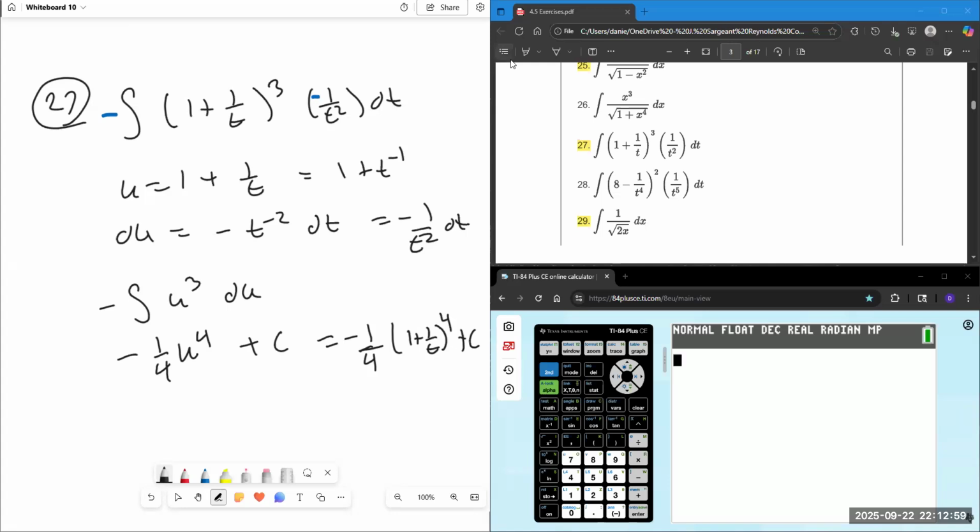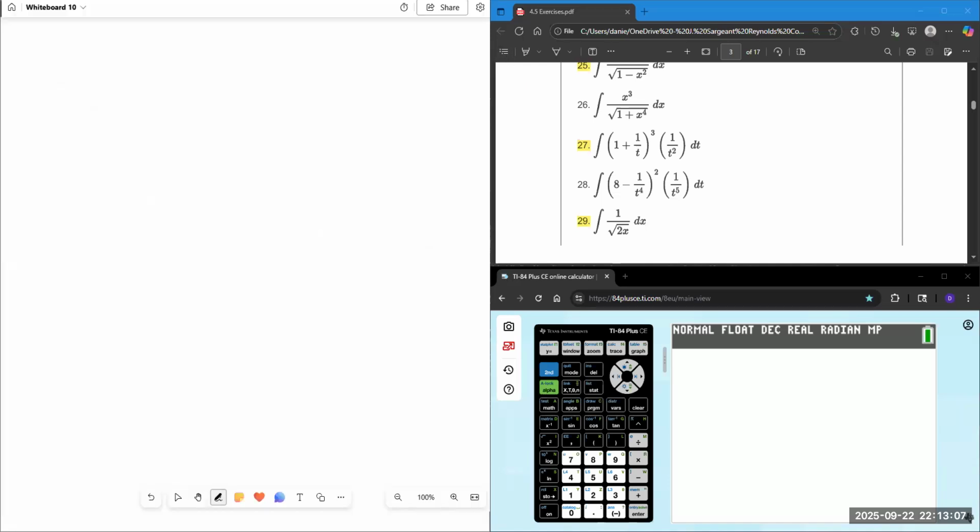Look now at number 29. Because I want to use the chain rule, I'm going to let u be 2x, du be 2 dx.